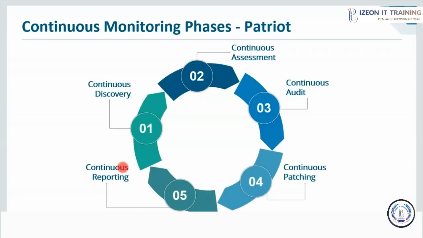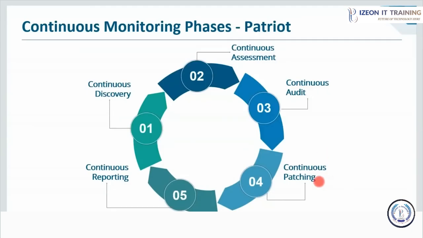If I have to repeat it once more, I would say continuous discovery is basically discovering and maintaining a near real-time inventory of all the network and information assets, whether it's your hardware or software. Then continuous assessment means automatically scanning and comparing the information assets from continuous discovery that we have seen against industry and data repositories to determine vulnerabilities. Continuous audit is basically continuously evaluating your client, server, and network device configurations and comparing them with standards and policies.